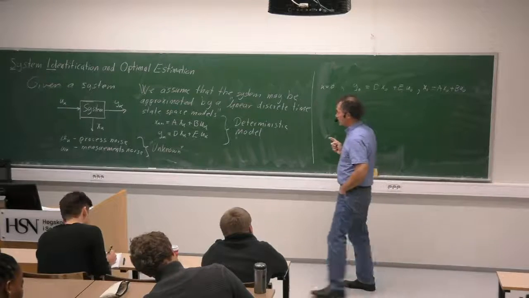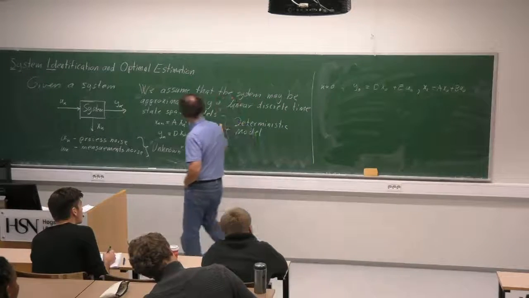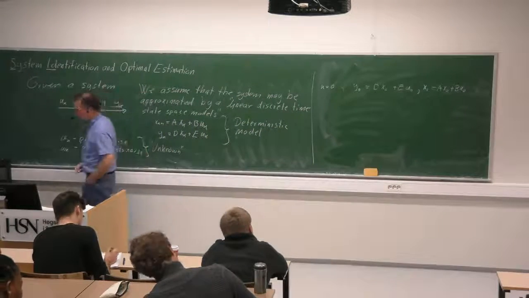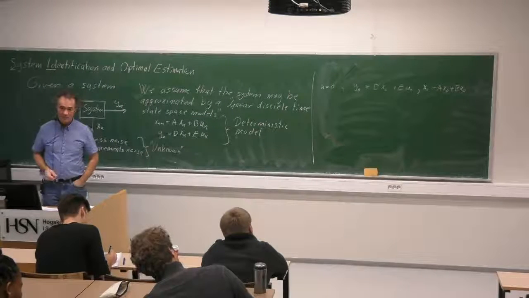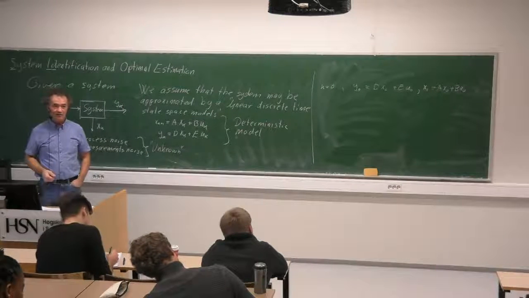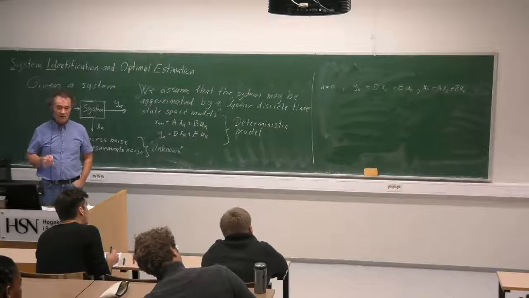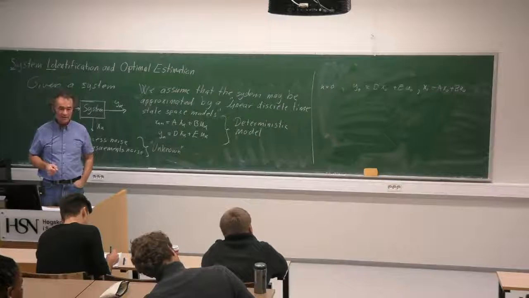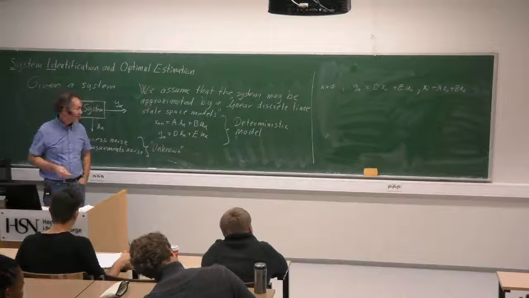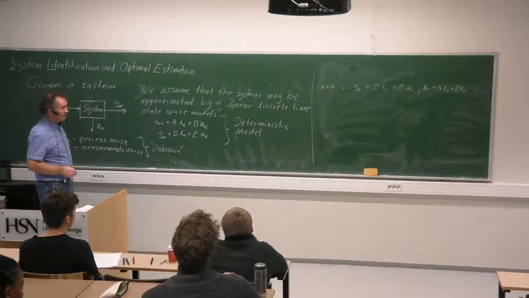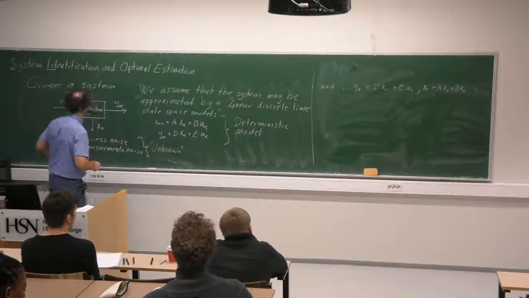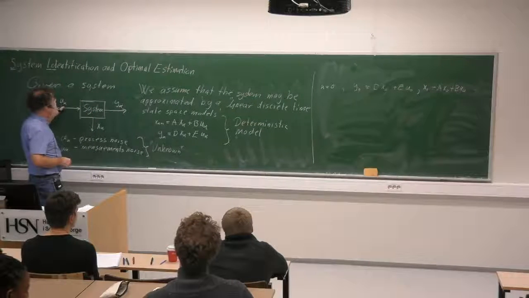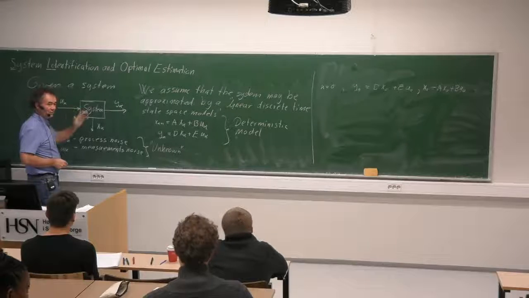Here, in connection with models, remember back to the time when you simulated dynamic models, you had to specify the initial state vector. You see this x0. I have said that the u's from time 0 to n minus 1 are known.